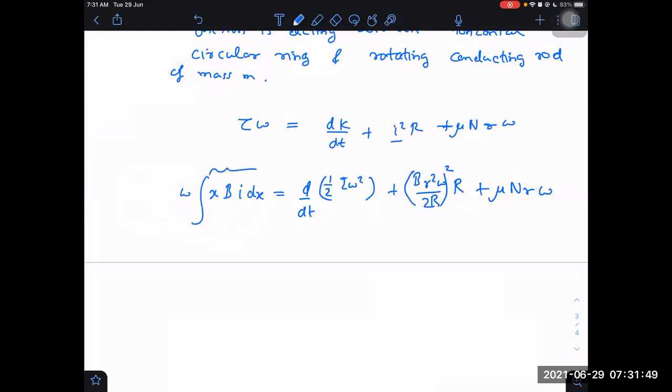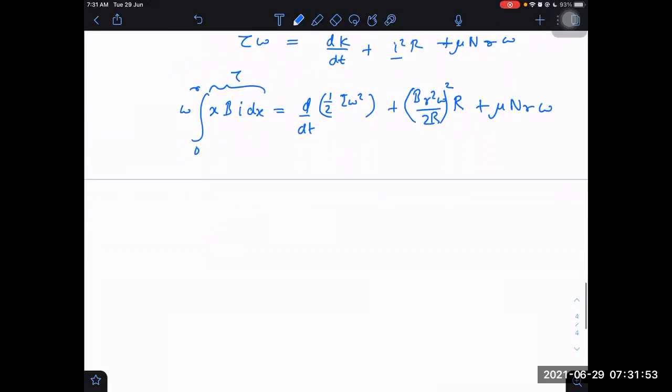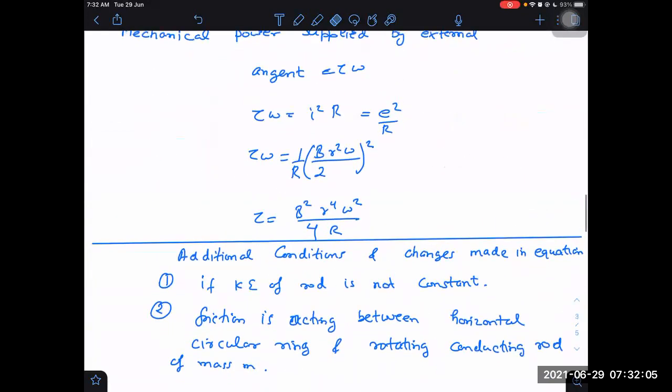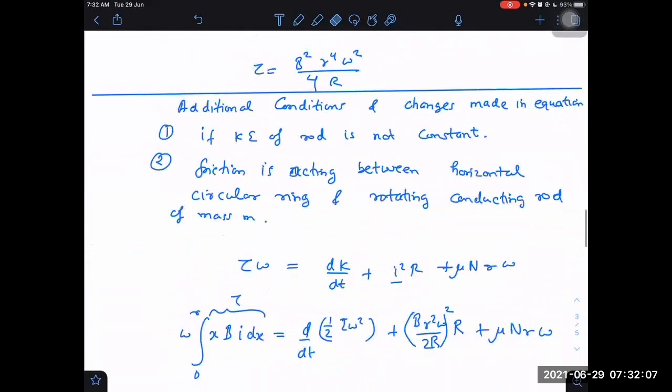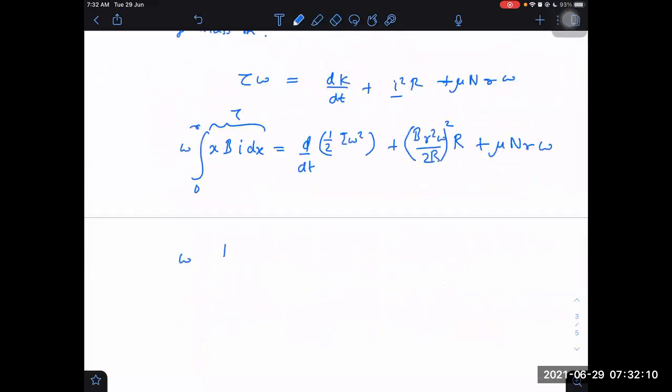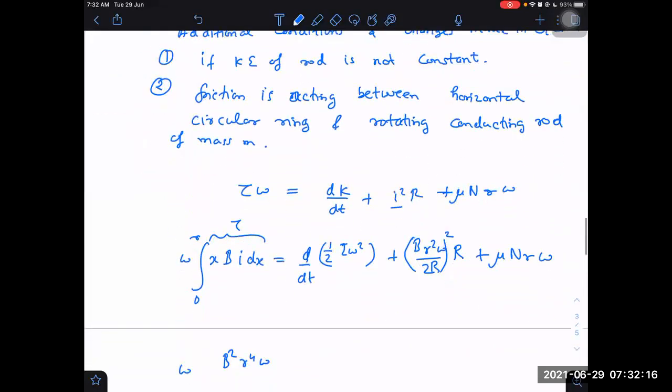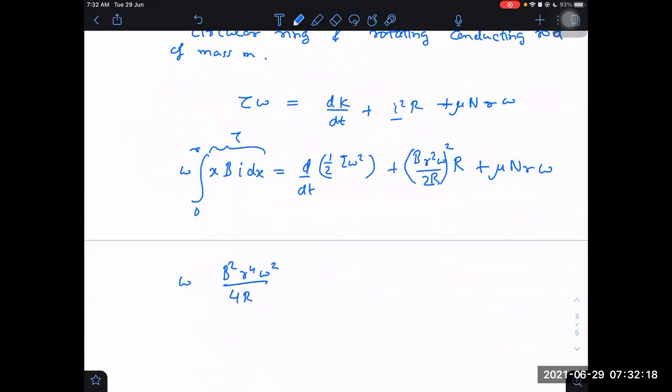What do we get then? Omega into whatever expression we have got before for the torque. I'm directly taking it here. B square r to the power 4 omega by 4. B square r to the power 4 omega square by 4R. This was torque.